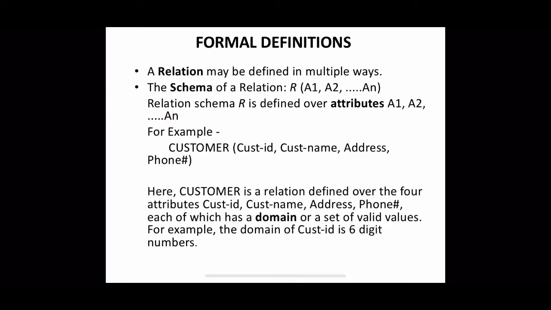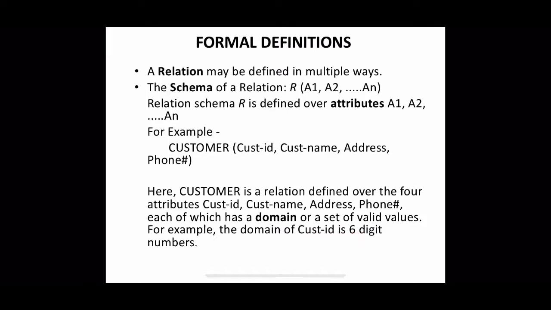For example, we have a relation customer with attributes customer ID, name, address and phone number, which can be represented like this. Here customer is a relation defined over the four attributes customer ID, customer name, address and phone number, and each attribute has a domain, or a set of valid values. For example, for customer ID, the domain can be any possible 6-digit number.